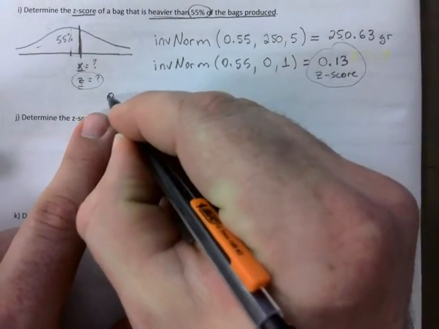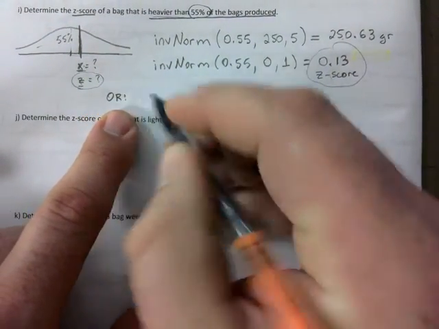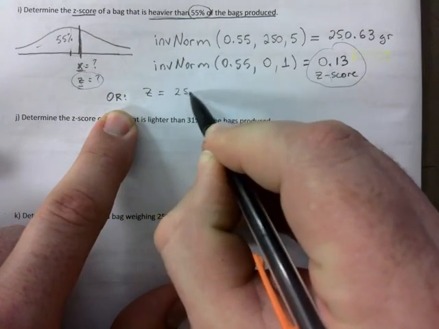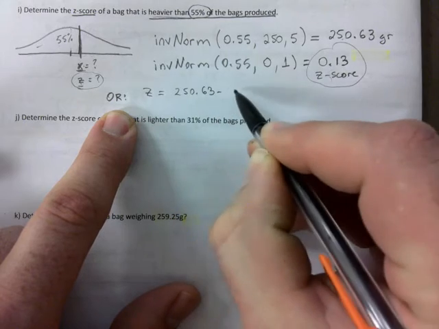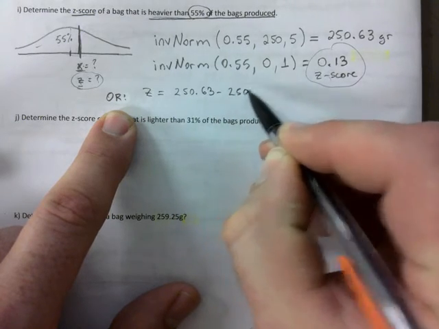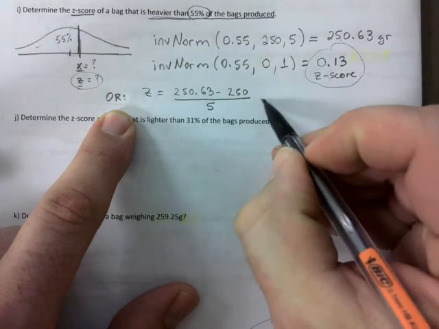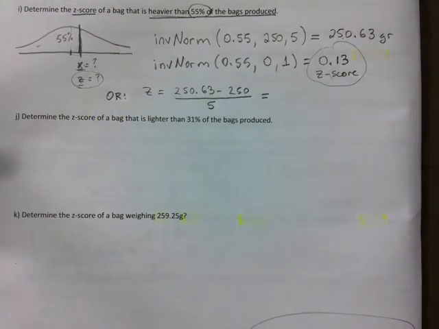Or, right, we can use the formula. Z is the actual score minus the average divided by standard deviation. And we really hope, do you think it's going to be exactly the same? It hasn't been, right?